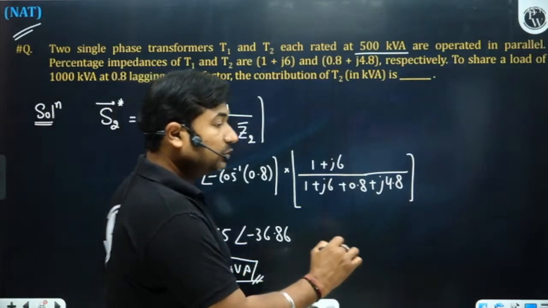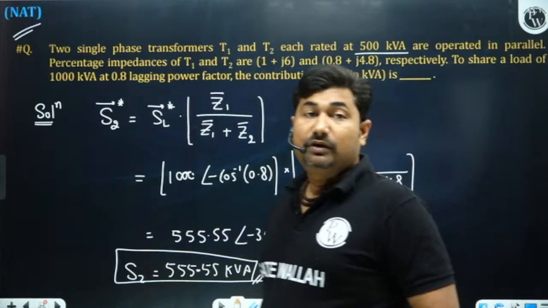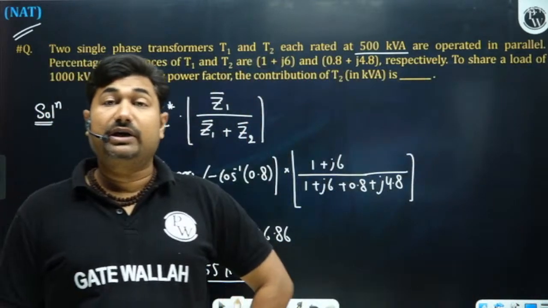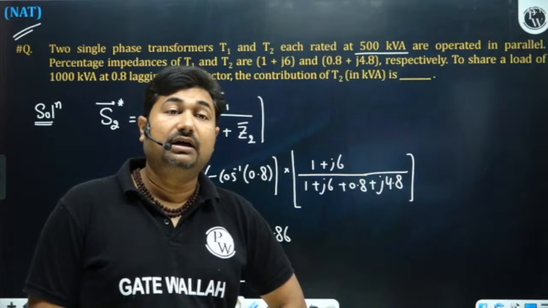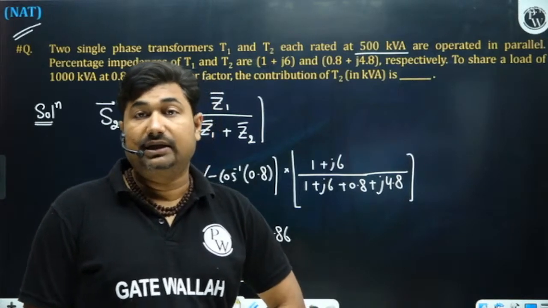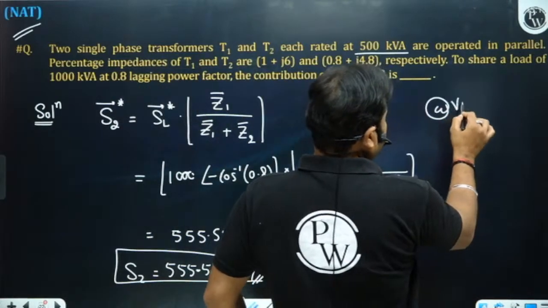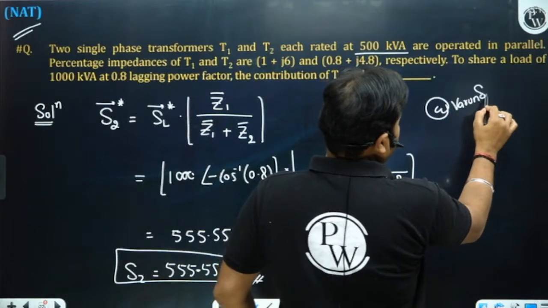Now the issue with the question is that the transformer is under overloaded condition. How many of you are able to understand this? You will get a PDF of this on my Telegram channel, at the rate Varun sir PW.